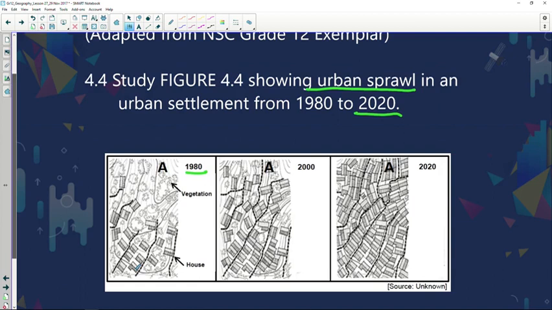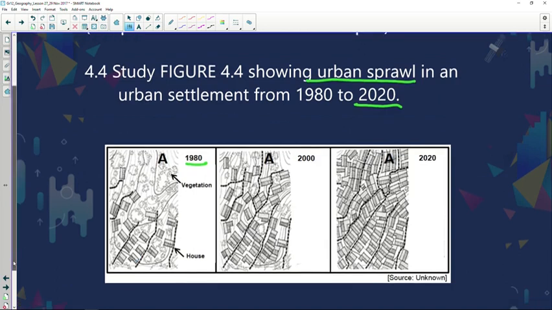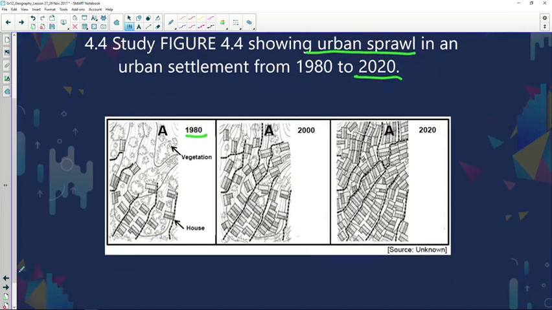Obviously, it's because of rural-urban migration. If you look over here, what they predict it's going to look like in 2020. And that's only in 3 years' time. So if you look at this, you can see there's an increase of urban sprawl and an increase of people moving to urban areas. Stay tuned. After the break, we're quickly going to look at the questions regarding figure 4.4.